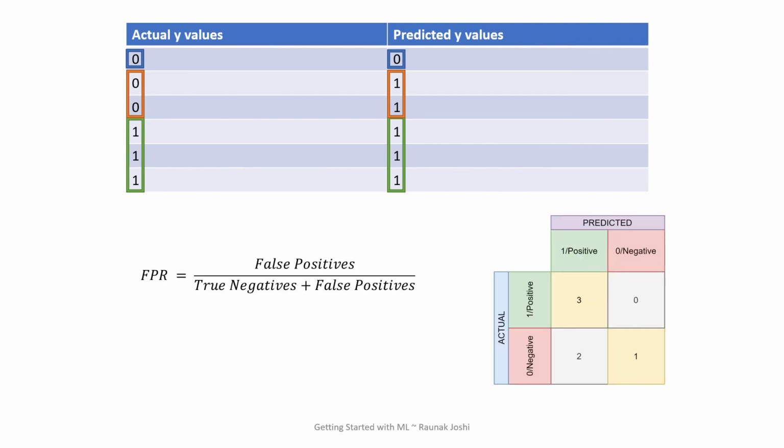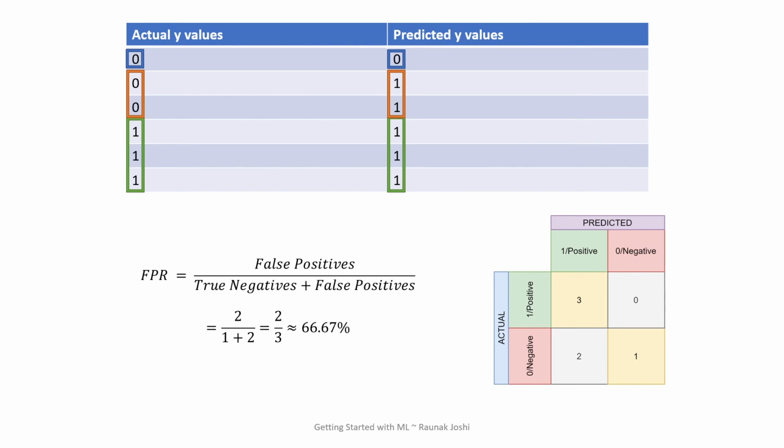Finally, we have the false positive rate, which is 1 minus the specificity. I'm trying to calculate it because I am concerned with the true negative values. So the formula is FPR equals false positive by true negatives plus false positives, and I get 66.67%.